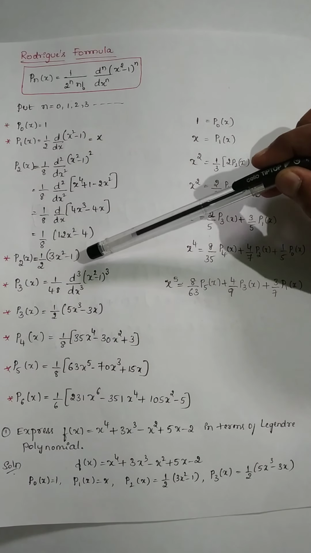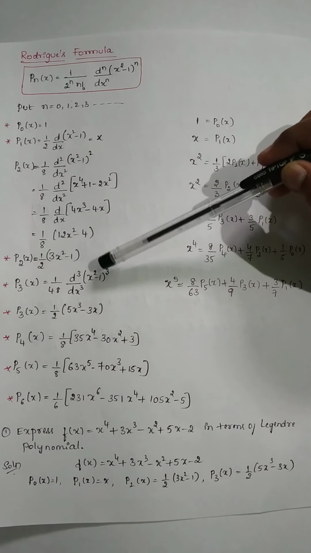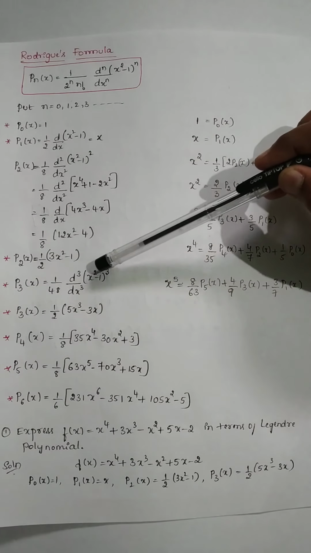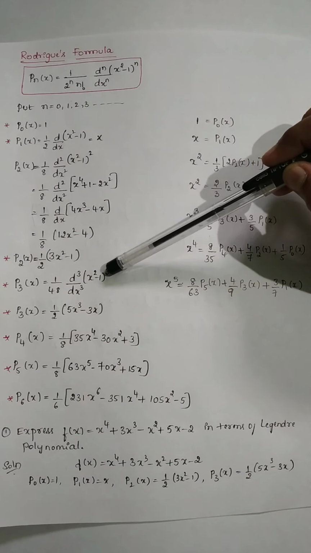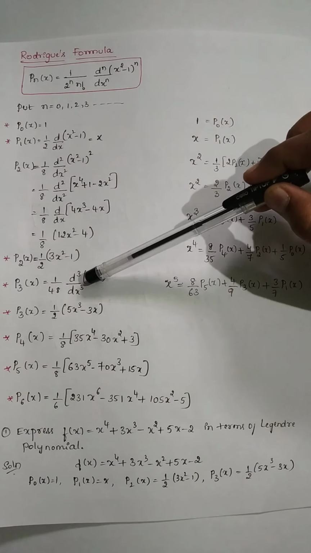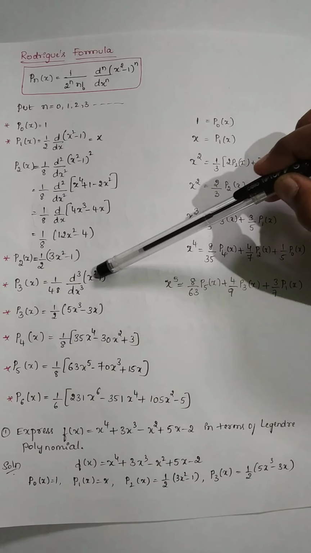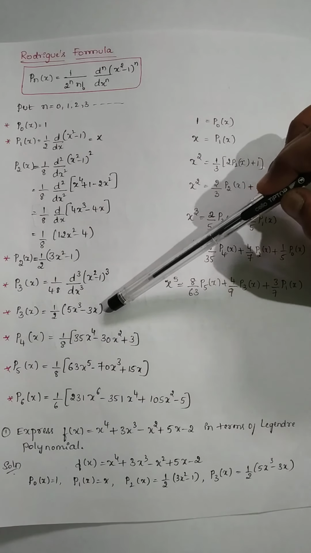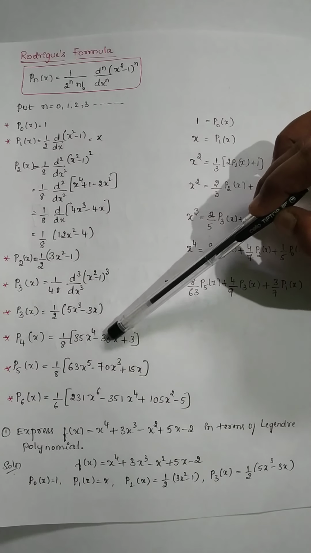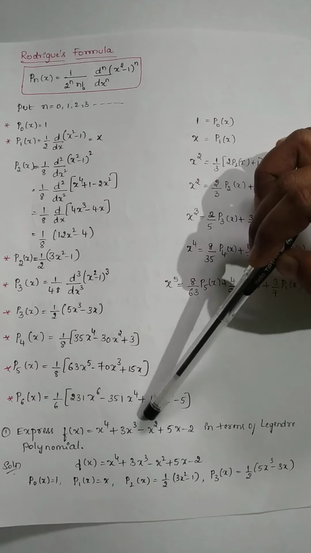In the same way, when you put n is equal to 3, you need to find the third derivative of x square minus 1 whole cube. Here the a minus b whole cube formula is to be written first, and then you find the derivative of the same function thrice. So you will get P3 of x is equal to 1 by 2 of 5x cube minus 3x. In the same way, you need to calculate P4 of x, P5 of x, P6 of x and so on.